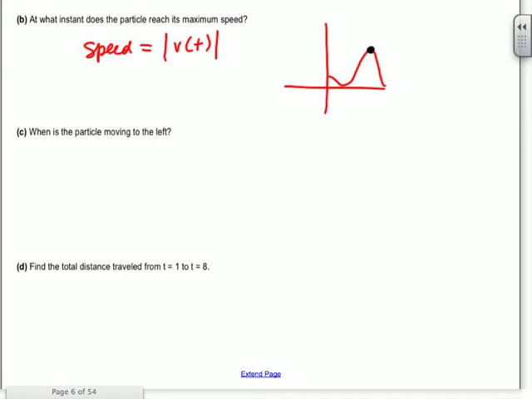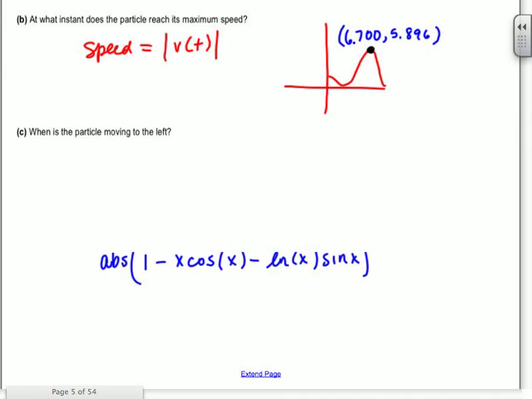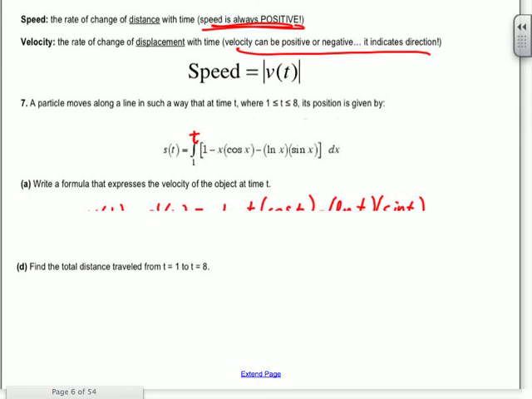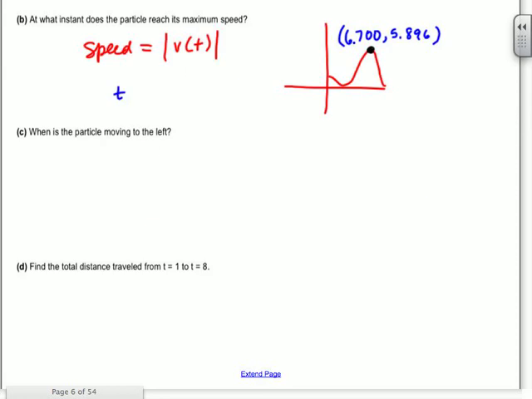That's okay. All right, so when you do that, I get 6.700, 5.896. That's the point. So when it says at what instant, what are they asking for? Time t. So at t equals 6.700.